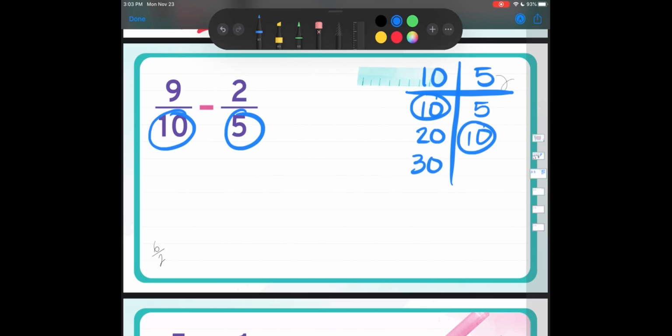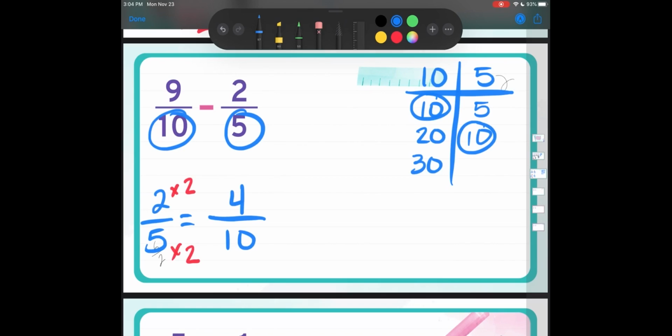So I need to convert my 2/5 to tenths. 9/10 is already in tenths, so it gets to stay as is. We're going to turn our 2/5 into tenths using equivalent fractions just like we did before. To go from 5 to 10, I have to multiply by 2. Whatever we do to the bottom, we've got to do to the top.